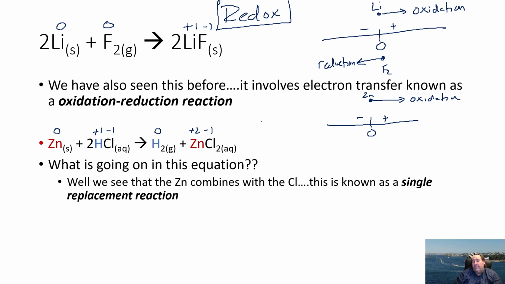The hydrogen here is actually starting at +1 and ending at 0, the H plus, and it's becoming more negative. It's going through reduction. What is happening with the chloride? Chloride is starting at -1 and ending at -1, which means nothing's happening to chloride. It's actually just the hydrogen and the zinc here that are exchanging electrons. So it's really the zinc sending electrons to the hydrogen in this case that is happening here.